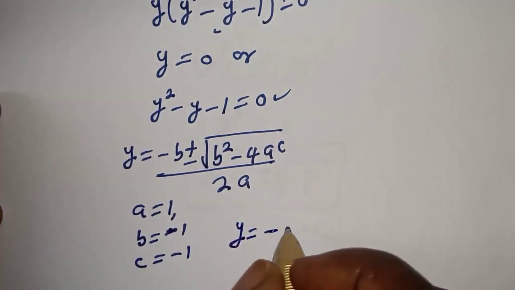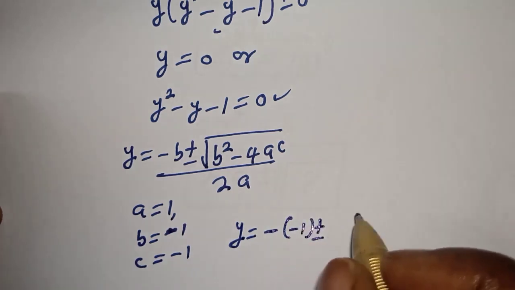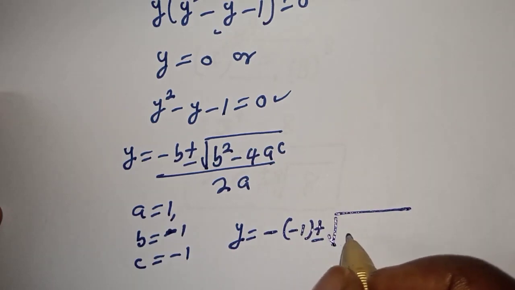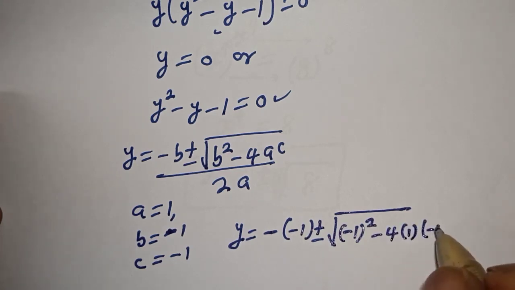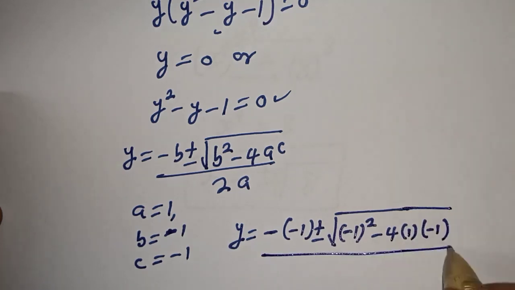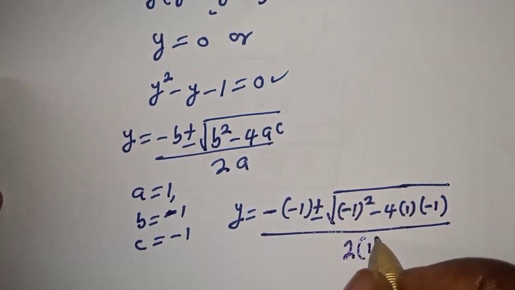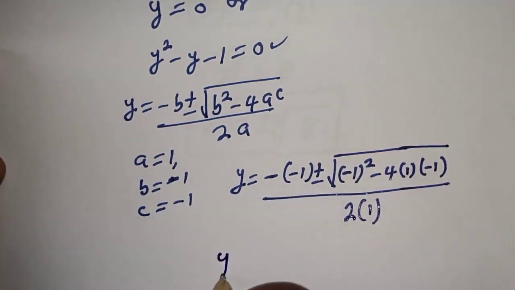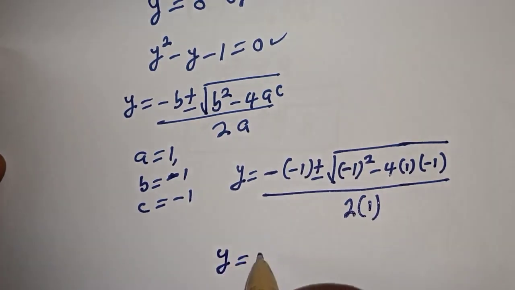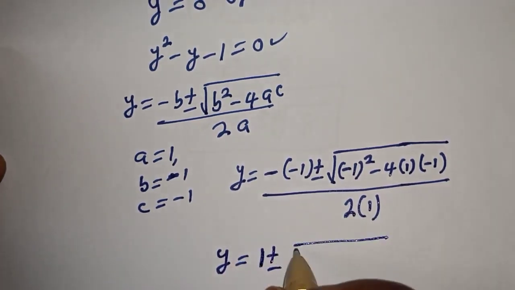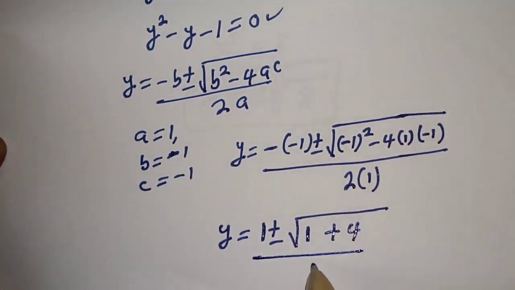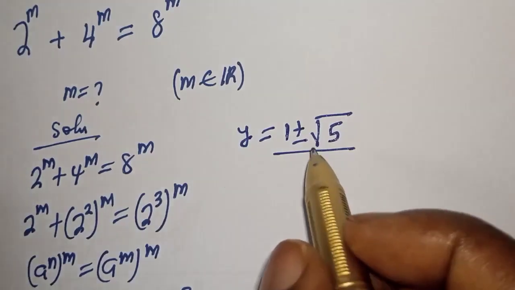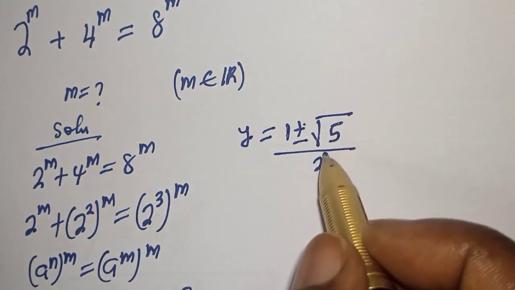y is equal to minus bracket minus 1 plus or minus square root of minus 1 squared minus 4 multiplied by 1 multiplied by minus 1, divided by 2 multiplied by 1. y is equal to minus times minus 1, that is 1, plus or minus square root of minus 1 squared, 1, minus 4 times 1 times minus 1, that is plus 4, over 2. y is equal to 1 plus or minus square root of 5 over 2.